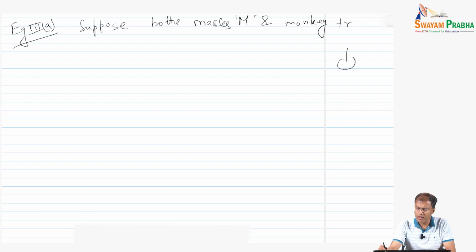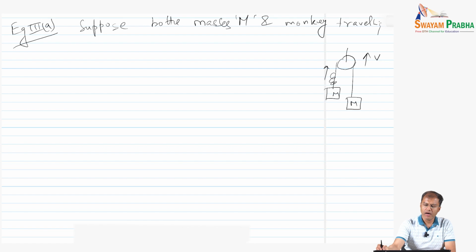So let me draw this pulley mass system, monkey, right? So this is perhaps moving up, we don't know what is the direction of the velocity, but we have an animal which is perhaps climbing the rope, right? So the monkey is traveling up on the rope.